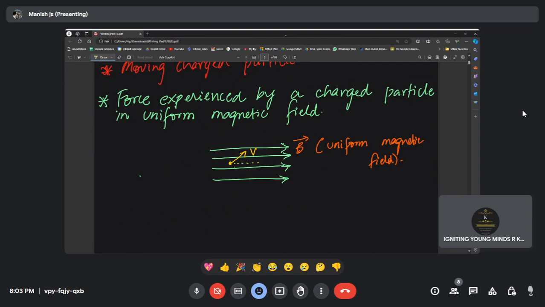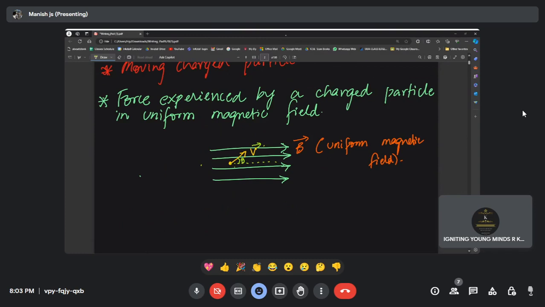You know that velocity is a vector quantity. Now you can see that this particle that is in motion is making an angle of theta with the magnetic field. It is moving at an angle with respect to the uniform magnetic field. Velocity is also a vector, so I'm using a vector representation, v bar.